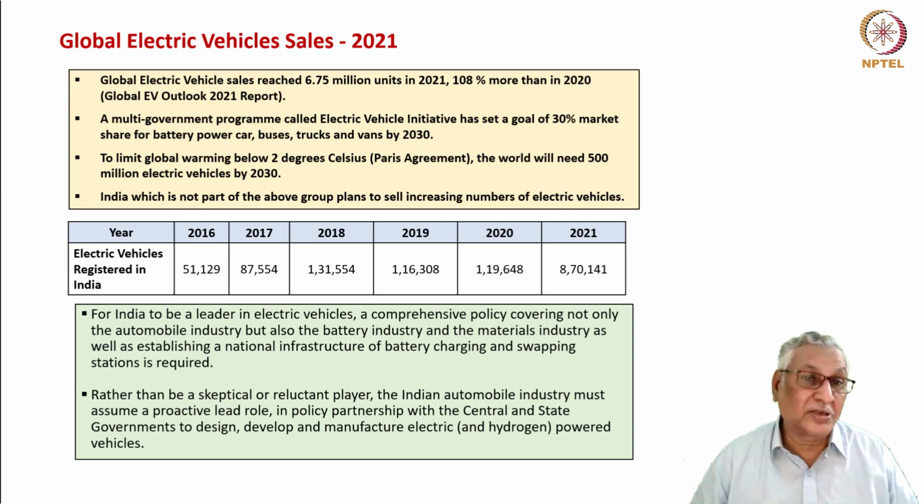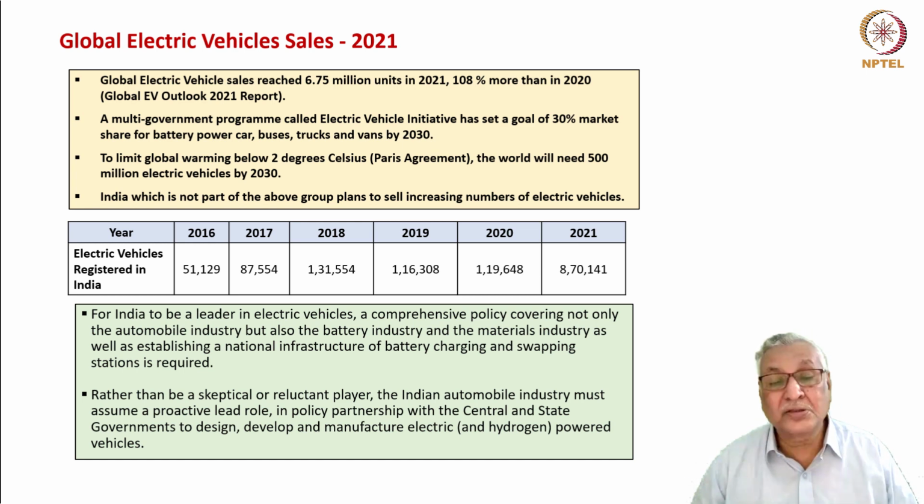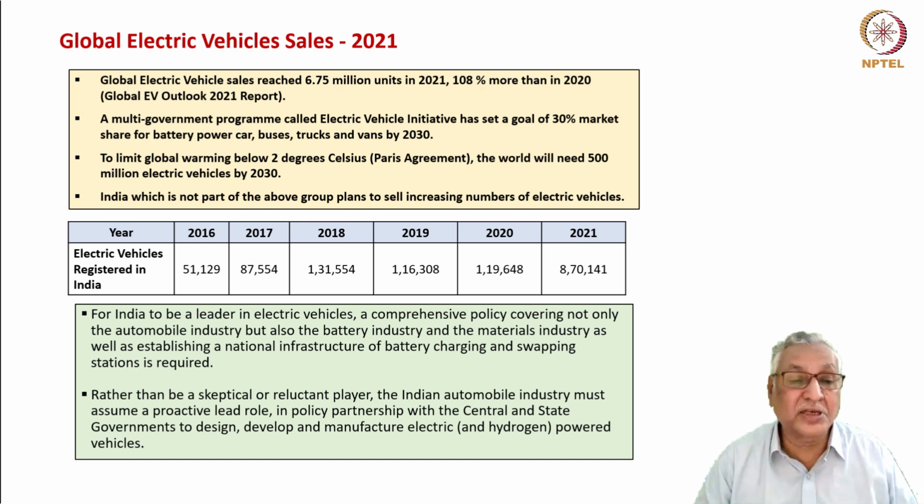In this, the global electric vehicles are going to be an important constituent. If you see the table from 2016 to 2021, the production of electric vehicles has gone up in an amazing way from 51,000 vehicles in 2016 to 870,000 vehicles in 2021.